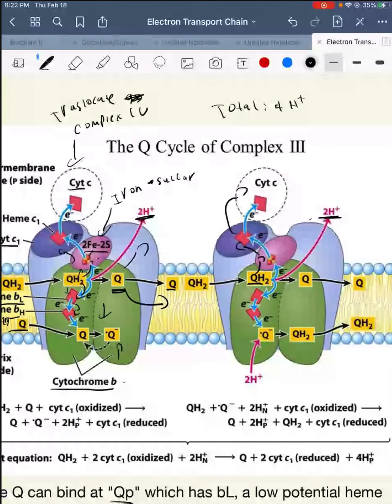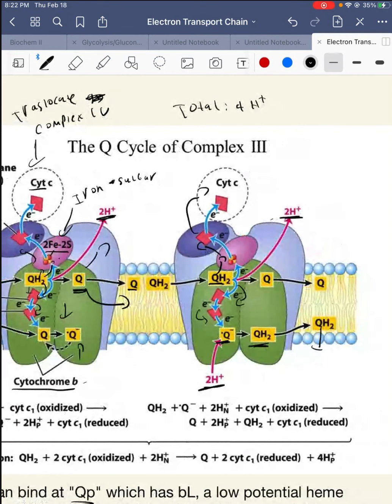And then the remaining electron travels down the low potential heme and then the high potential heme, and then we get this semi-quinone, and then this can grab protons from the matrix and become the reduced form, and then this can go and start the cycle again.